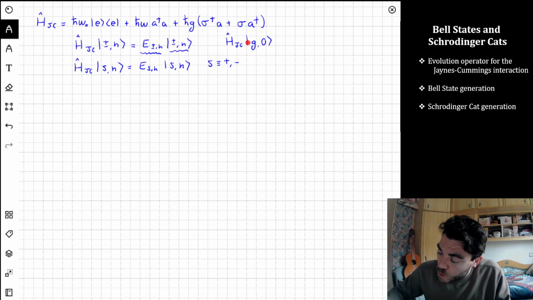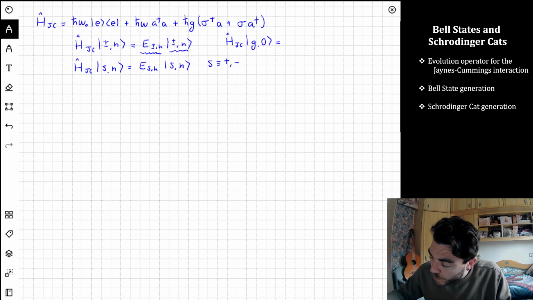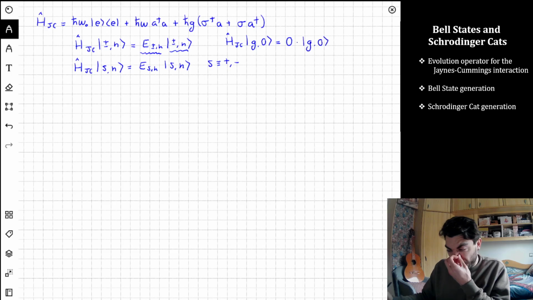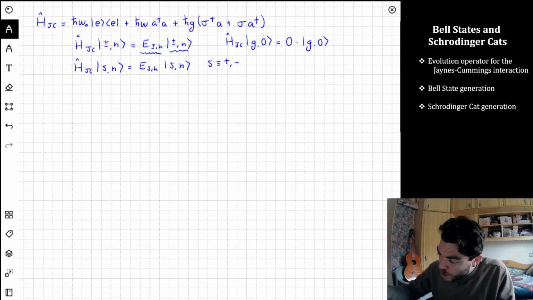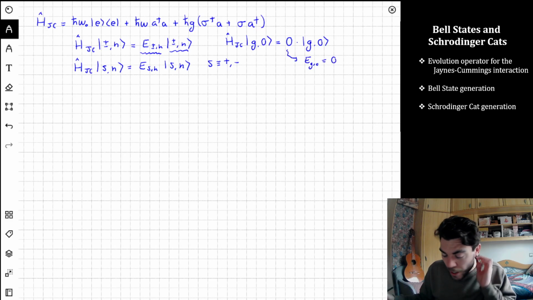And we know that if you just apply the Hamiltonian of the Jaynes-Cummings to the state G0, then what you get is the energy of the ground state is 0, and the energy of 0 photons in the cavity is 0, so you just get 0. But this is the same as 0 times the vector G0. I put this because the energy associated with the ground state is 0, so we need that.